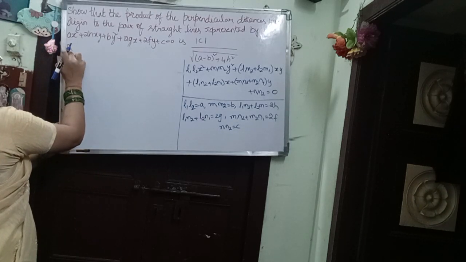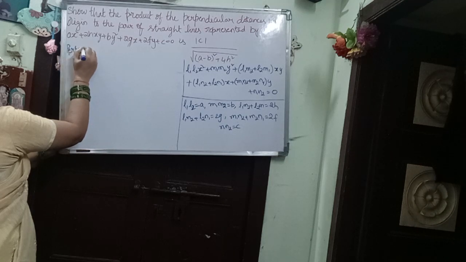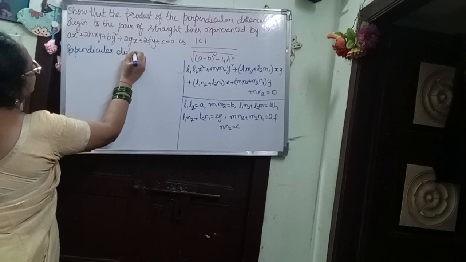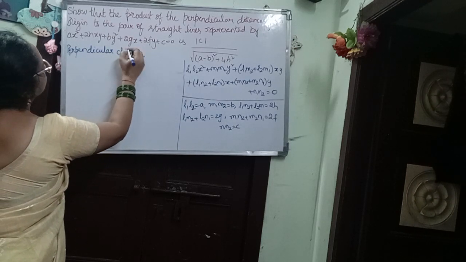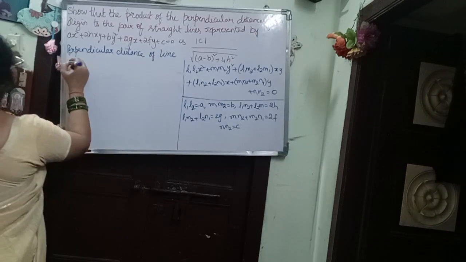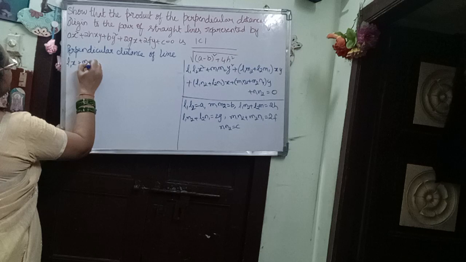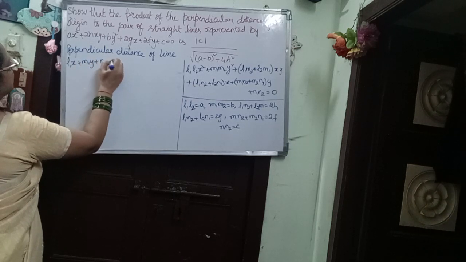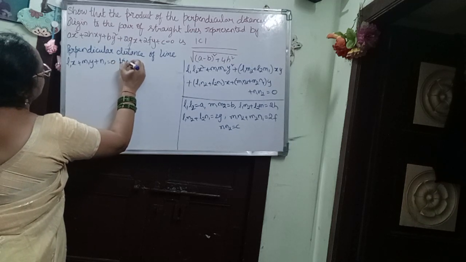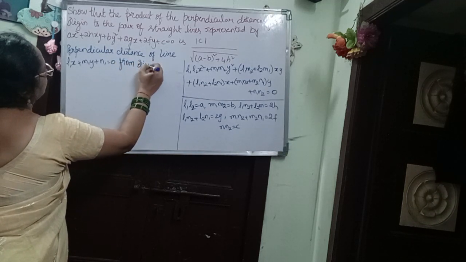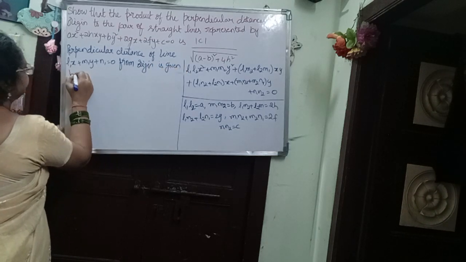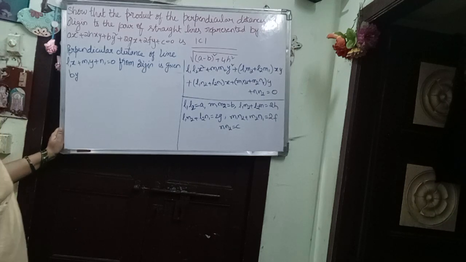The perpendicular distance of line L1x plus M1y plus N1 equal to 0 from the origin is given by, what is the formula you will get?